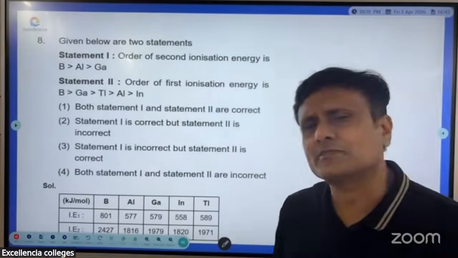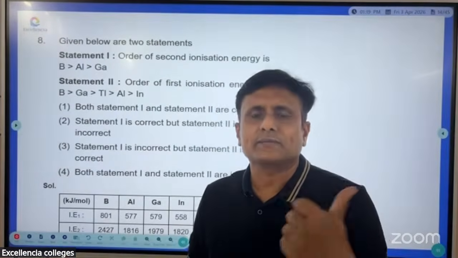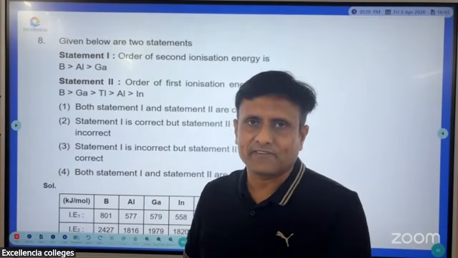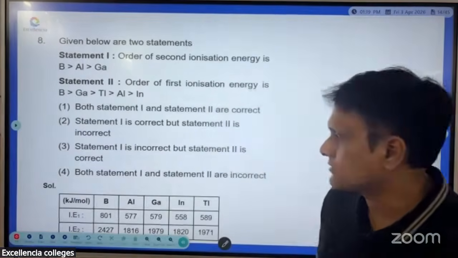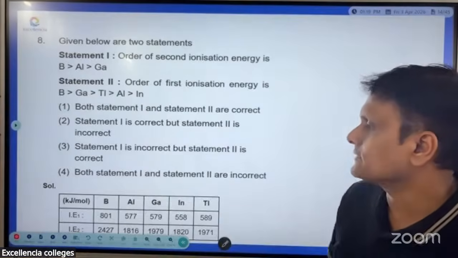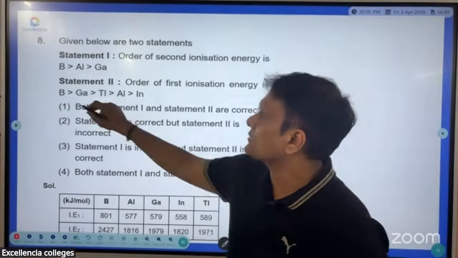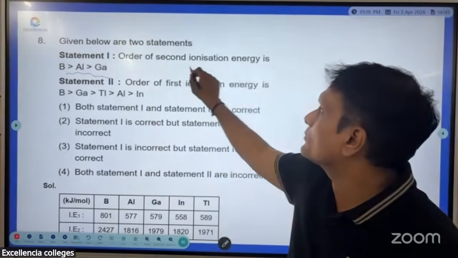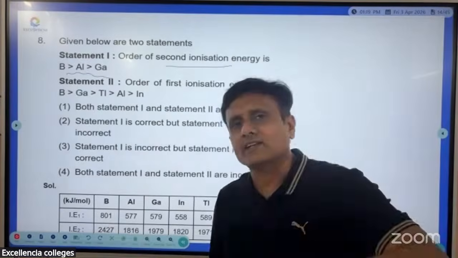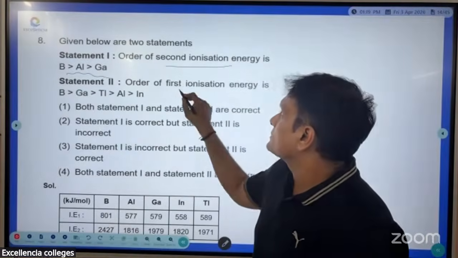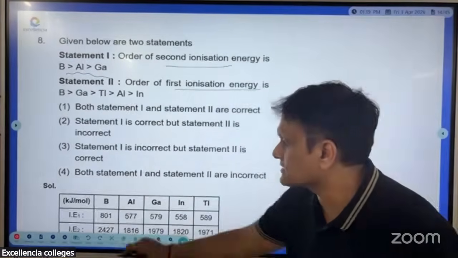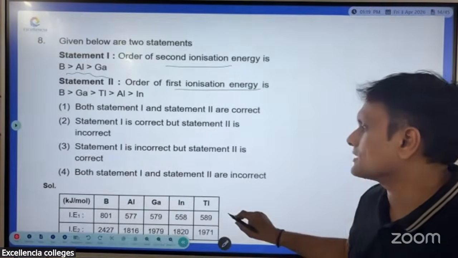You can see here that's a theoretical question, boss. Pretty easy, pretty simple. So in order to tell you the facts, I'm giving you the values directly. You can see that the ionization potential of these elements are being spoken about. However, they are talking about second ionization and first ionization. So when we talk about the first ionization energy, you can see that this is the order.